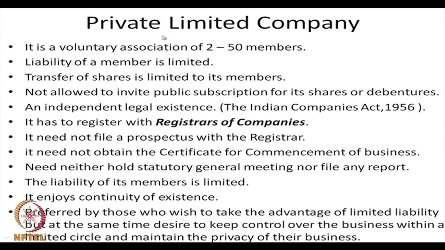A private limited company is basically a voluntary association of a minimum of 2 members and a maximum of 50 members. So, a private limited company will have between 2 to 50 members. As the name indicates, a member has limited liability.